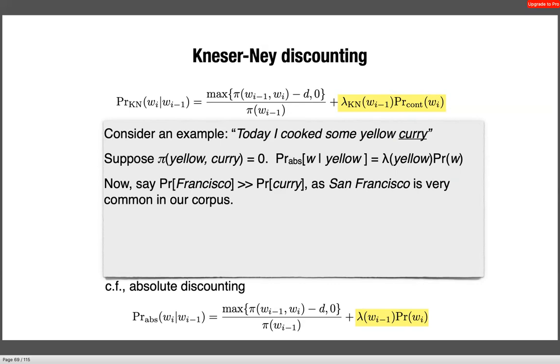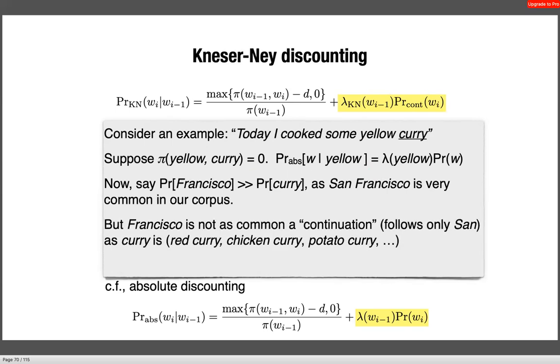So the unigram probability of Francisco is much higher than the unigram probability of curry, and you can see where I'm going with this. This would contribute to this particular probability that I'm computing, except we know that Francisco is not very common as a continuation because it only follows San, mostly.